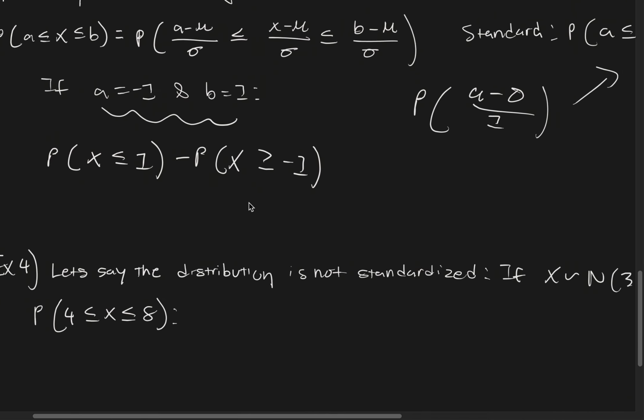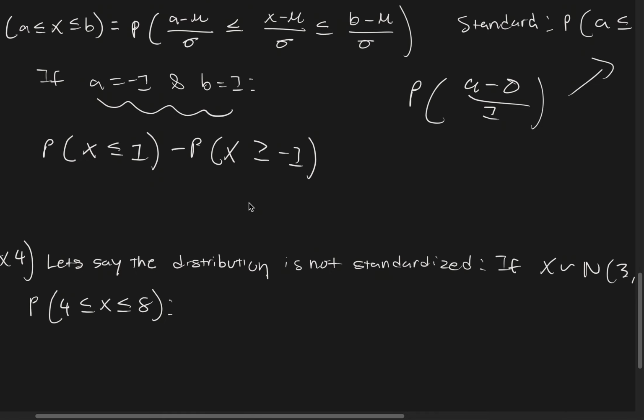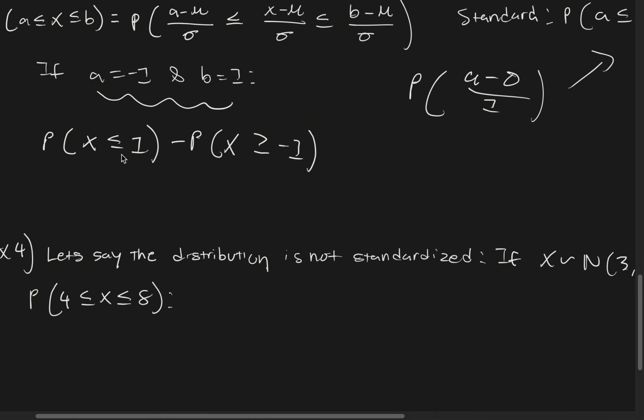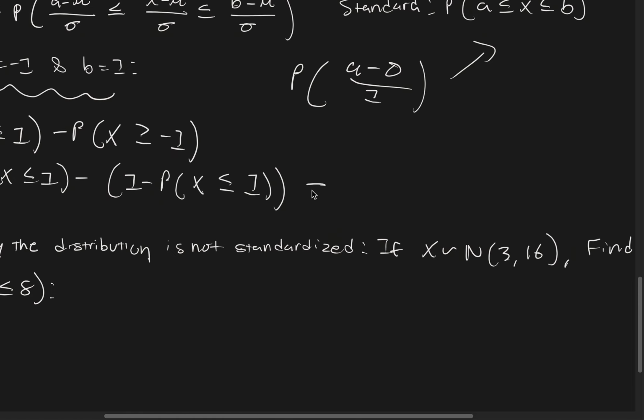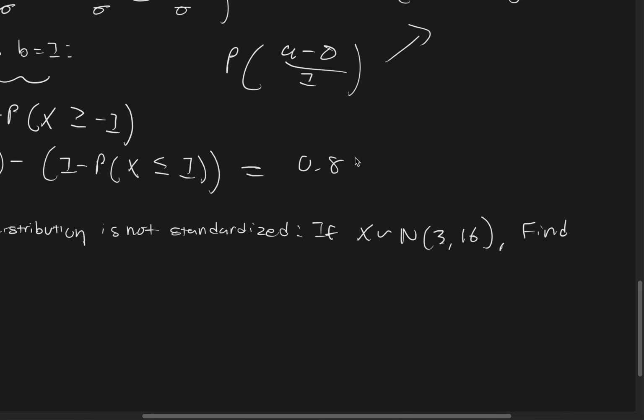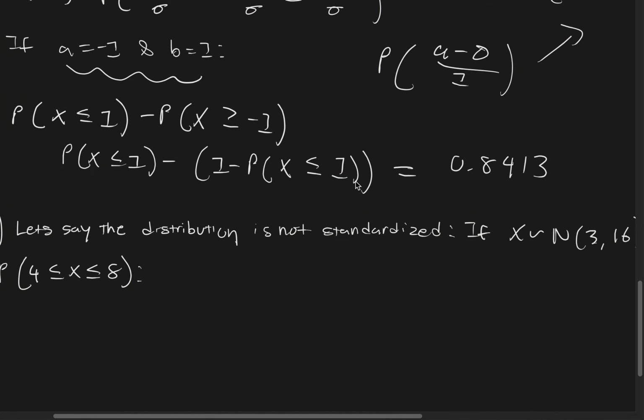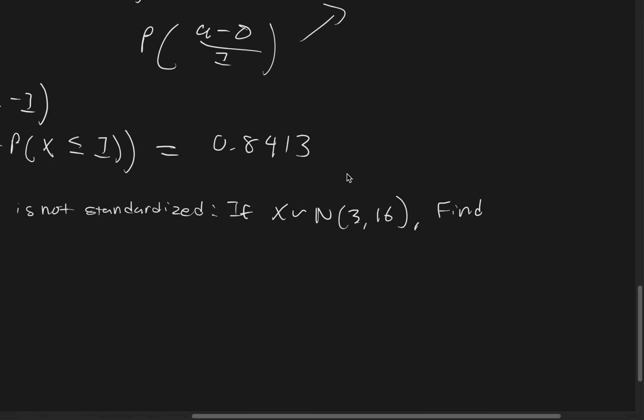All right. So we set up the notation, but again, we can't utilize negative values in the table. So we'll write this out as 1 minus the probability of x being equal or less than 1. From that we get 0.8413 for x being equal or less than 1, minus 0.1587.